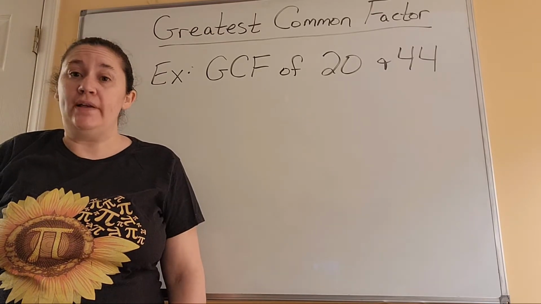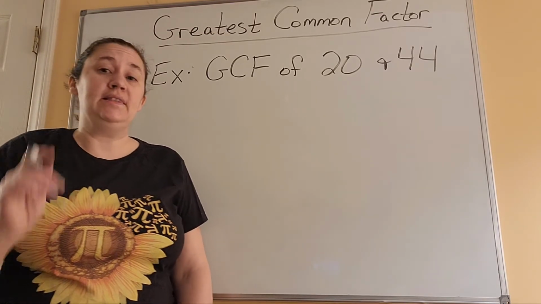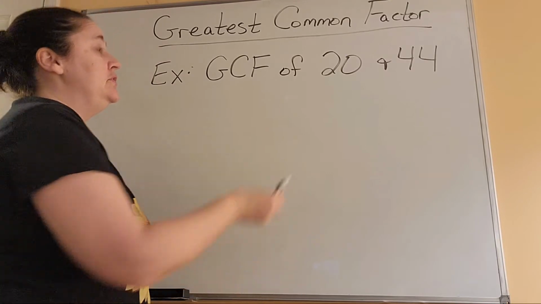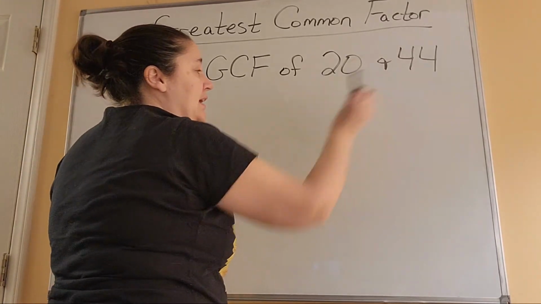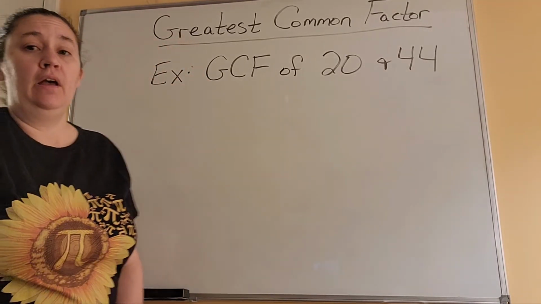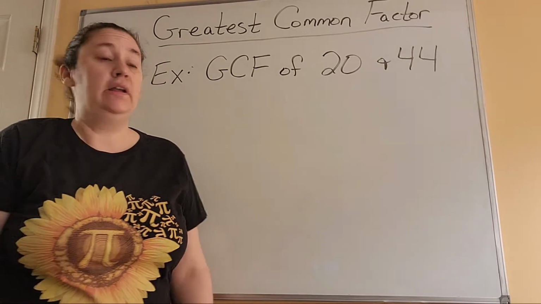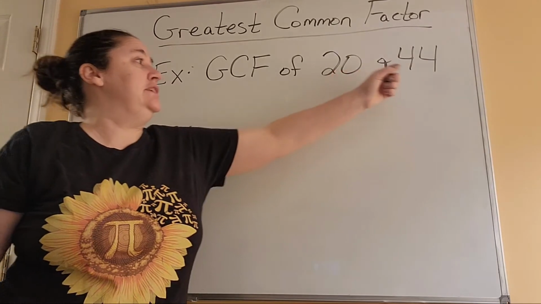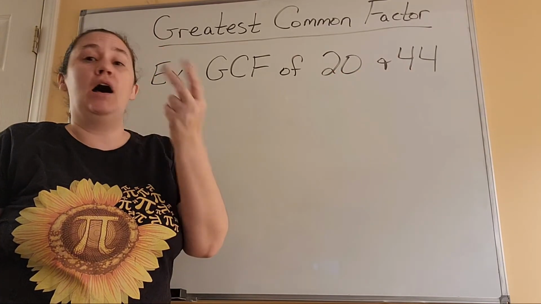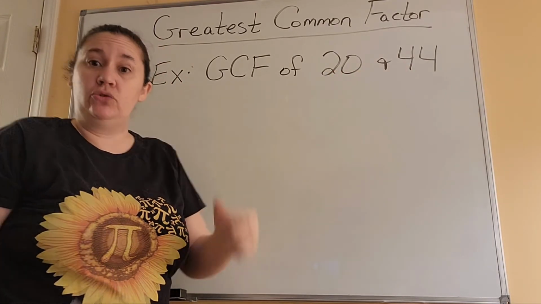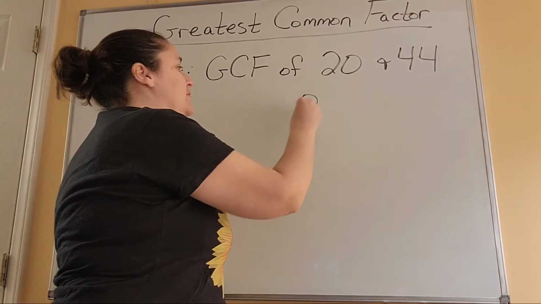When I ask you that question, I'm asking you, what is the biggest number that you can divide 20 and 44 by? You might not be sure. So let's just pick a number.